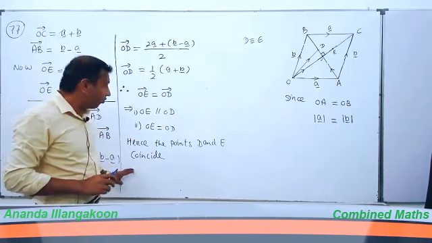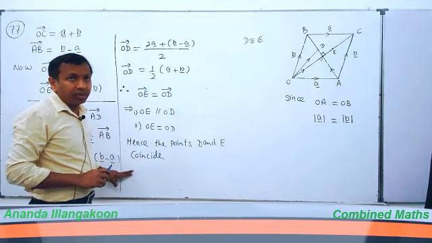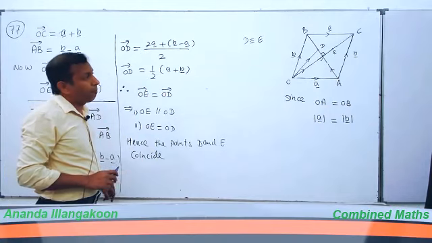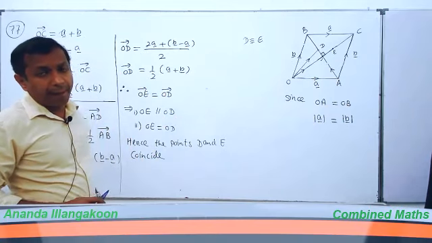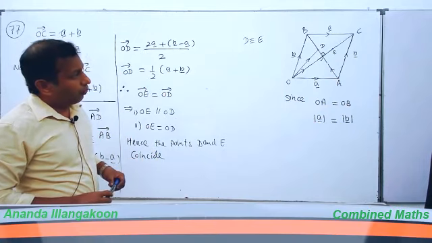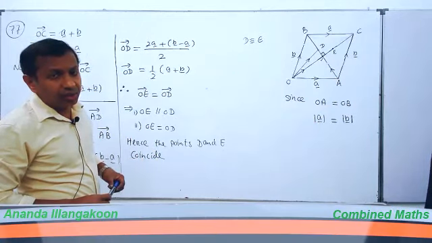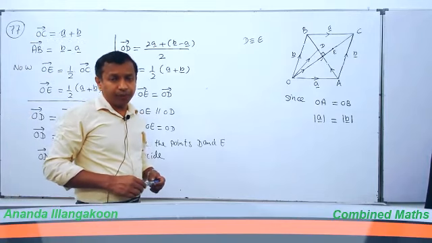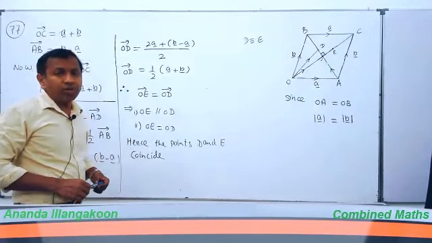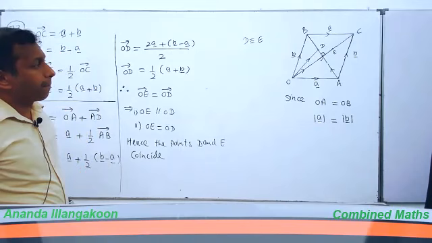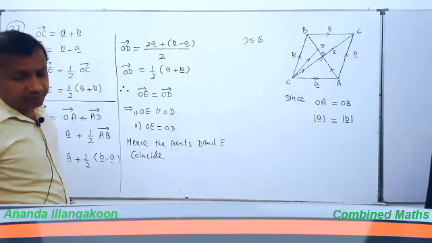And then you can write, therefore, the point of intersection of OC and AB should be the midpoints of OC and AB.